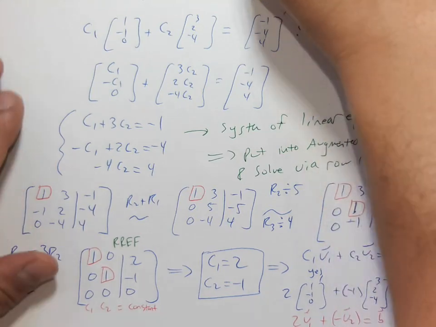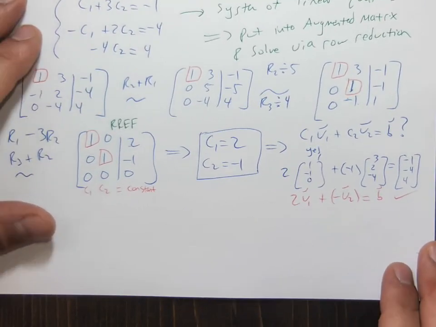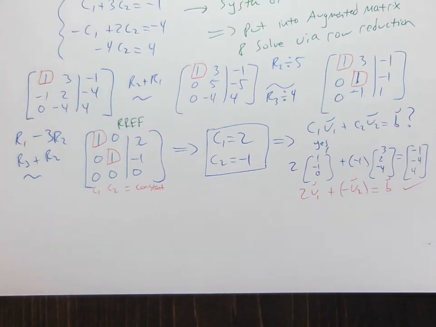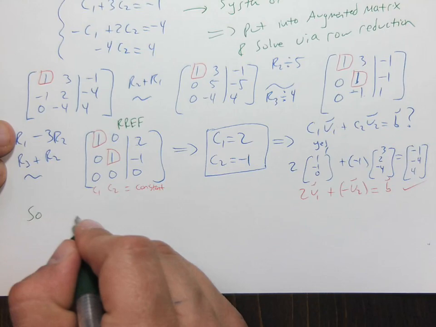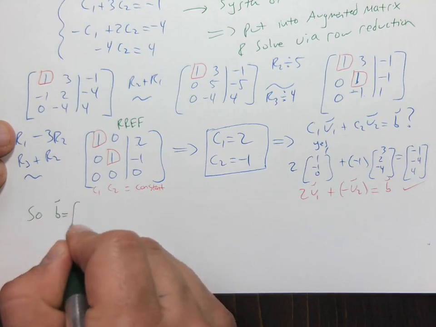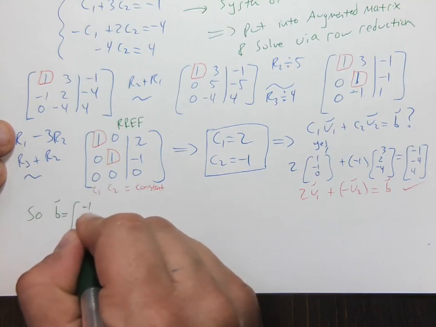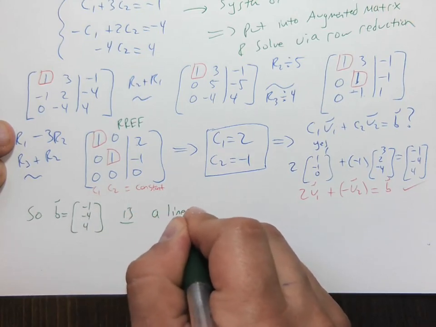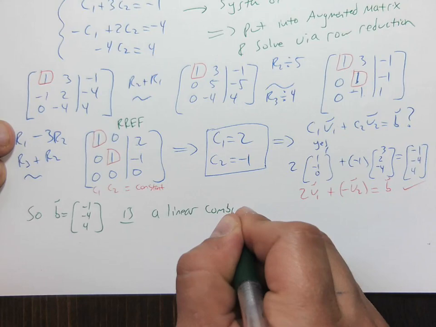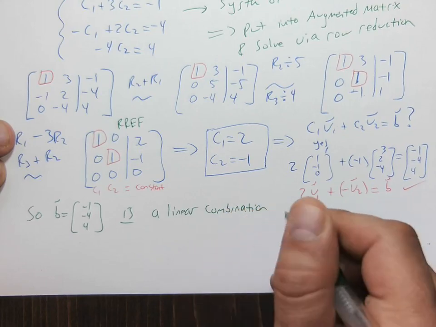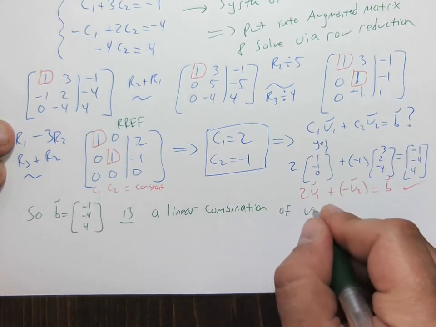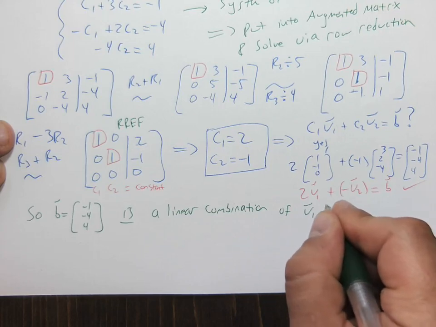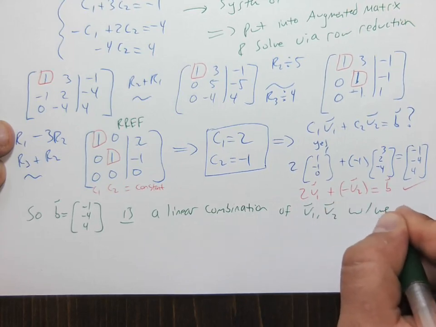Okay? And so just to write down the final answer here, if this is a test question or something, we would say we just found that the B value, which is minus 1, minus 4, 4, is a linear combination of V1 and V2. And it has weights.